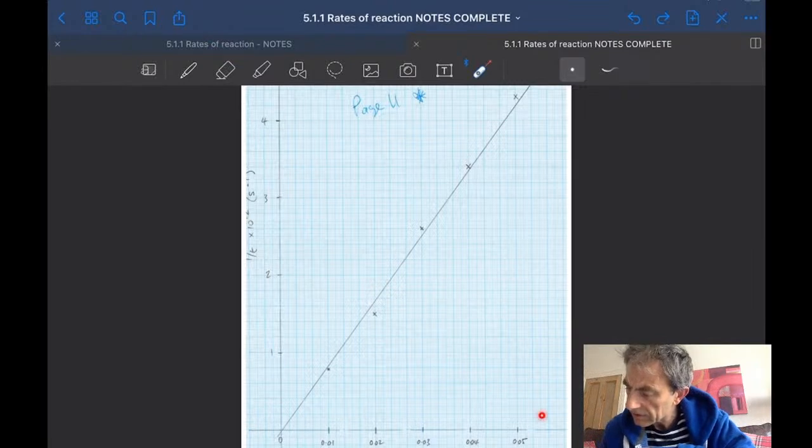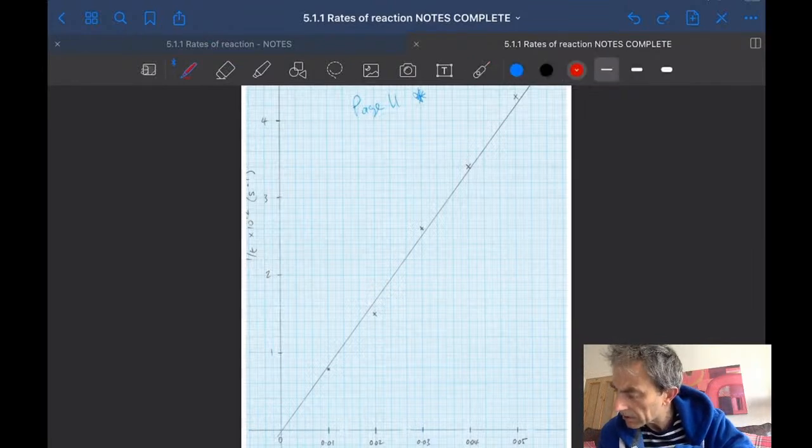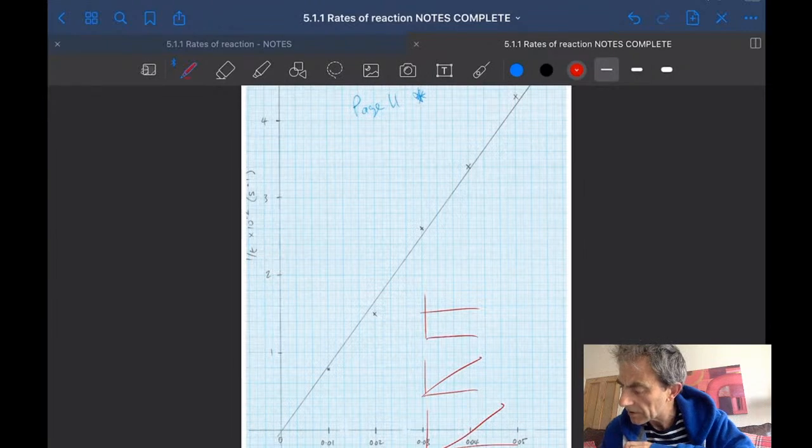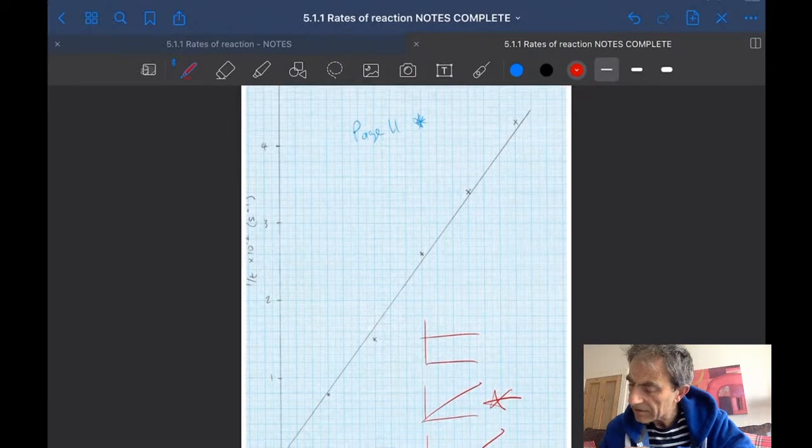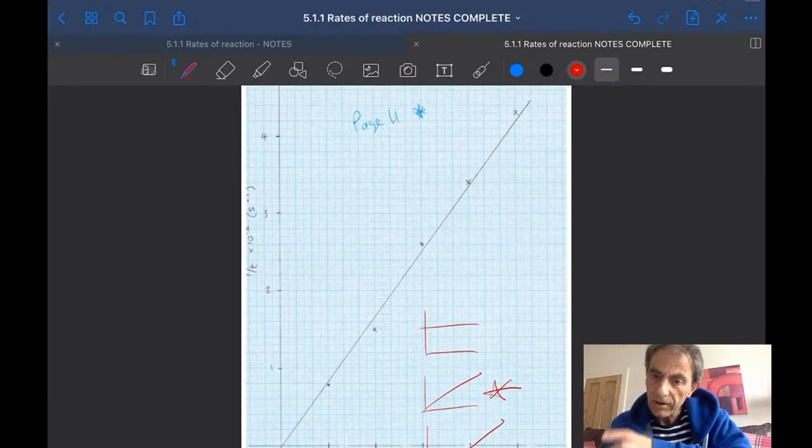If you remember the three rate concentration graphs, we had that one, and we had that one, a curved one. So it's obviously this one we've got here. Yeah. So basically, by drawing the graph, we've established that this is first order with respect.